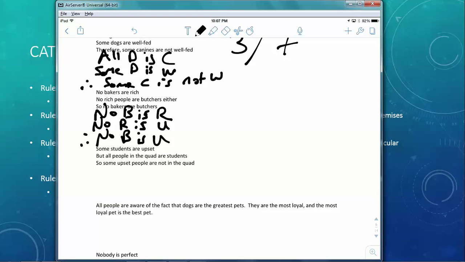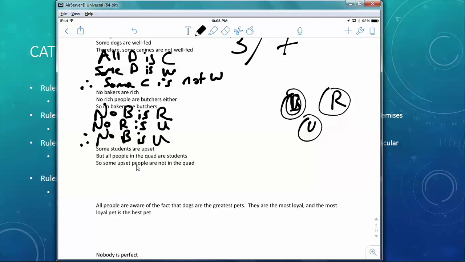If you write no B is R, and you write no R is U, you can draw U over here, you can draw U over here, right? So I already know why this one is going to be wrong. It doesn't have four terms. Since these are all no's, everything is distributed here, so the distribution problems are out the window.